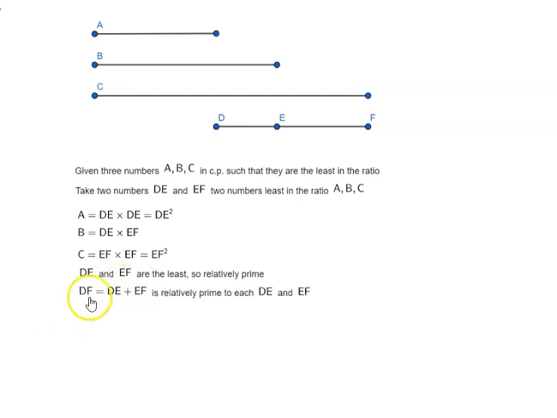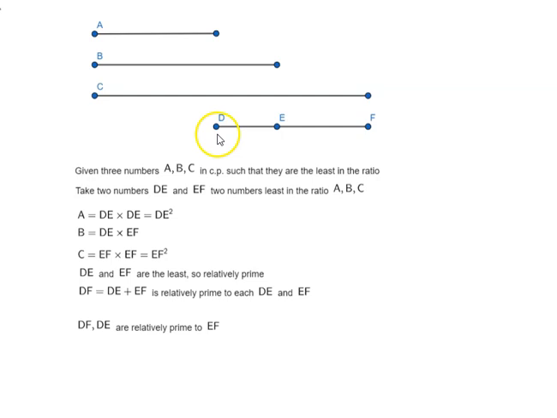And DF, which is the sum of DE and EF, is relatively prime to each of DE and EF. So DF is relatively prime to DE, DF is relatively prime to EF. Again, this is based on one of our previous propositions. Now, DF and DE are both relatively prime to EF.